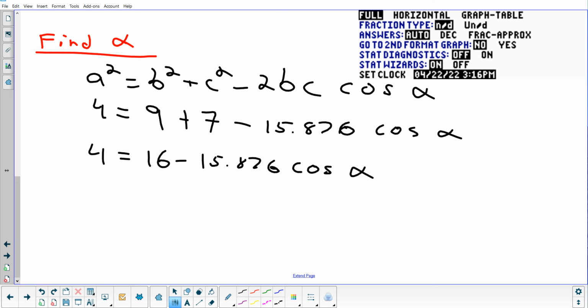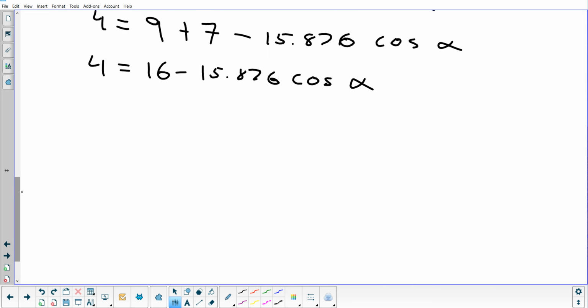Now, you have to be careful at this step. What you have right here is basically, if you want to think of it as algebra 1, like this: 4 equals 16 minus 15 times a variable. That's what I've written right here in a simpler way.